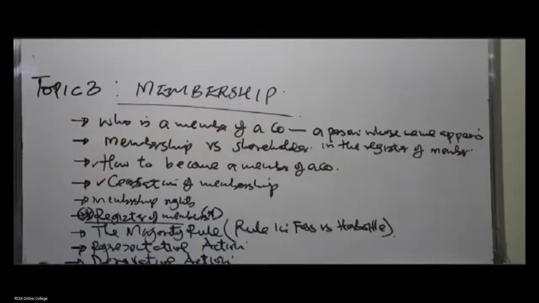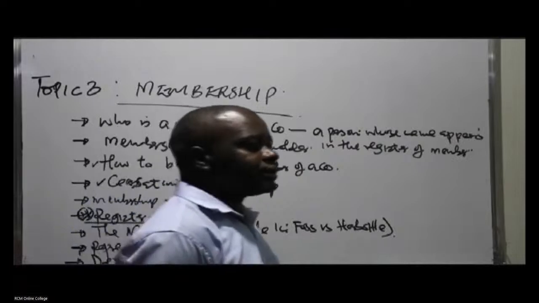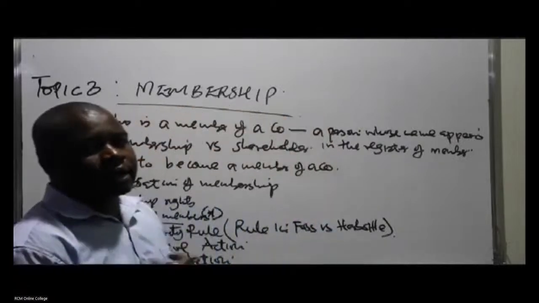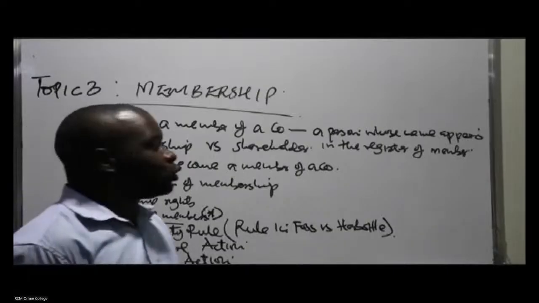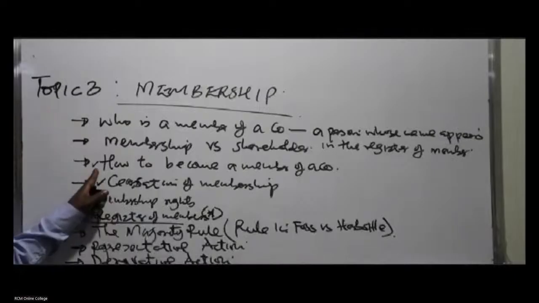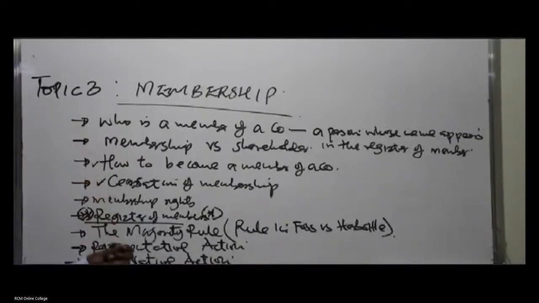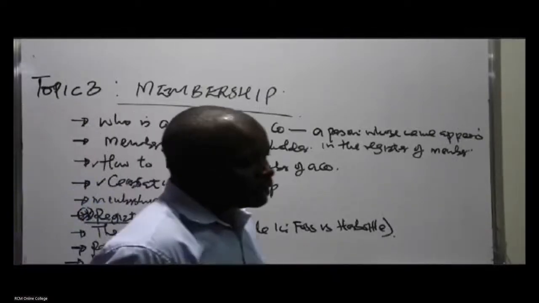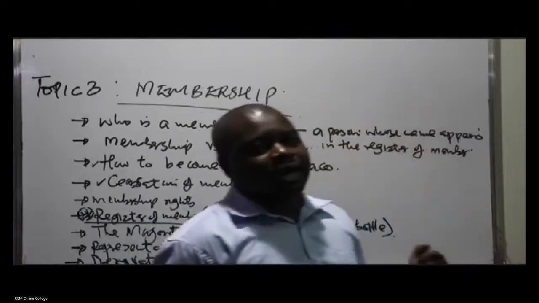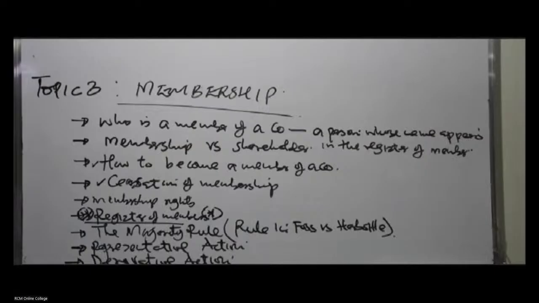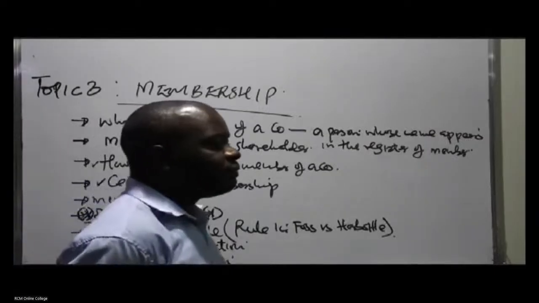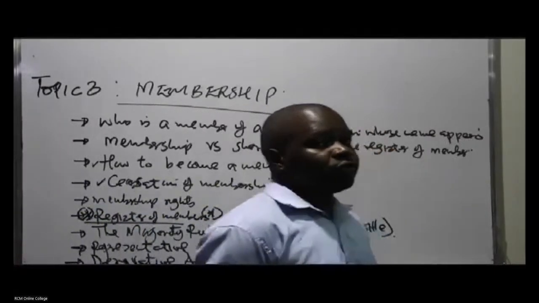As we progress with the topic, you'll realize that when you talk about a person being a shareholder, ideally we are referring to that person as a member. Looking at the ways one becomes a member of the company, majority, if not all, is through acquiring shares in the company. Once you become a shareholder, you become a member of the company, and your name will be included in the register of members.